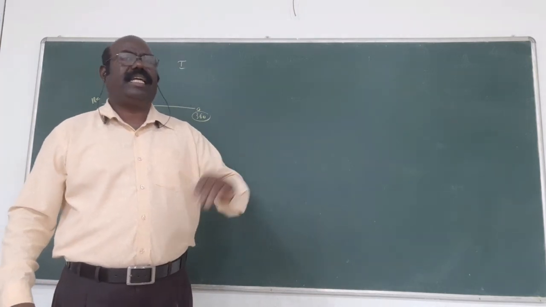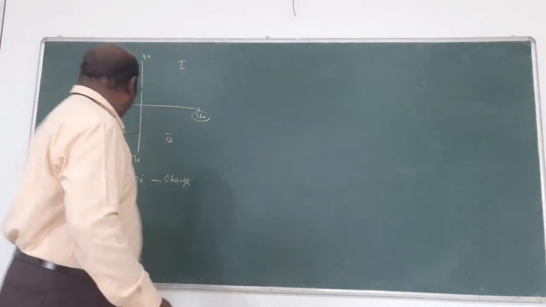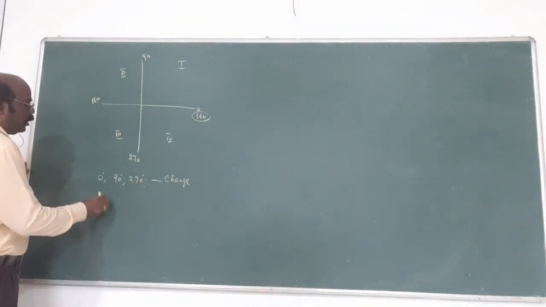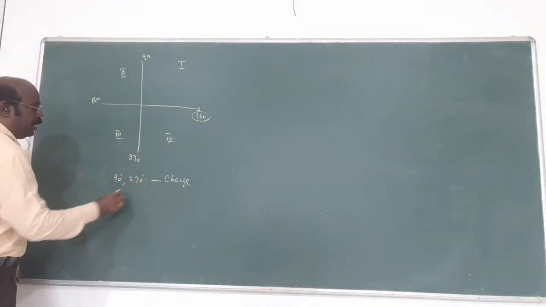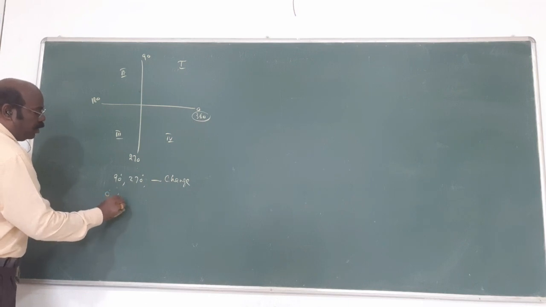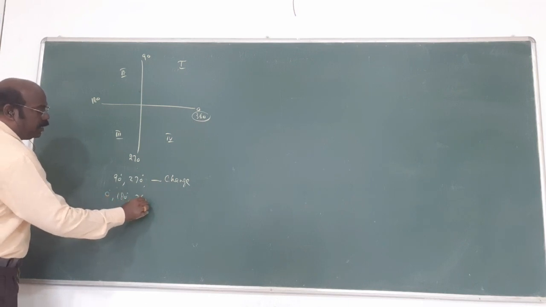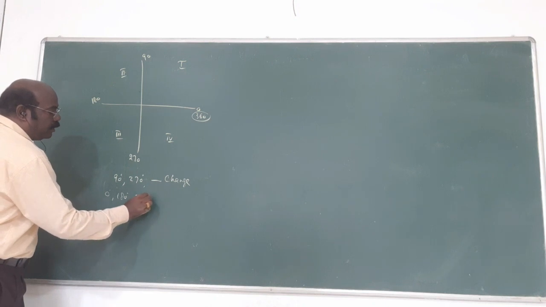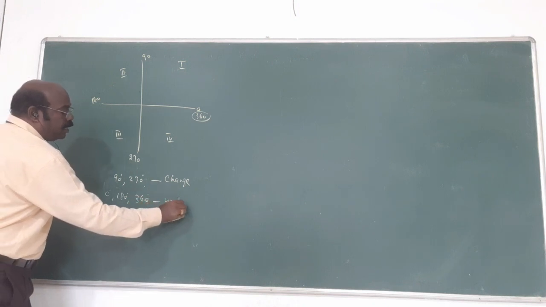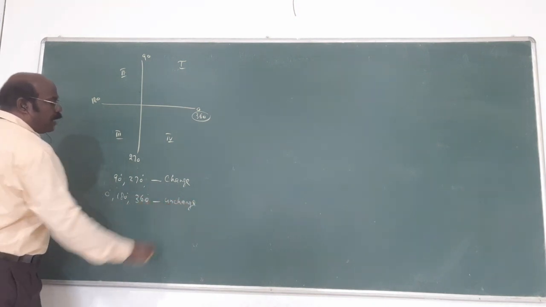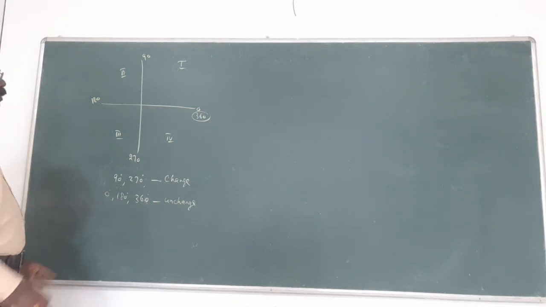Cosecant to secant, secant to cosecant. It's a change. Now, sorry, the 90 and 270 change. Then 0 degree, 180 degree, 360 degree means unchanged. Unchanged means the name stays: cos becomes cos, sine becomes sine, tan becomes tan. This is a very important concept.